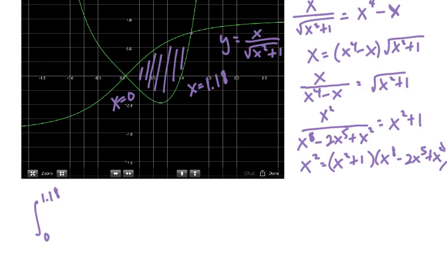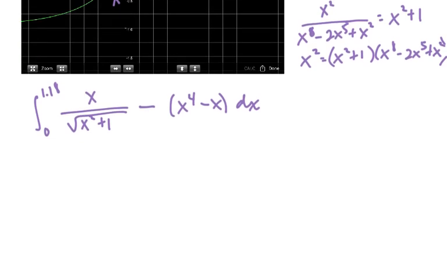So we're going to take the line on top, which is the long line. So we have the top equation is x over the square root of x squared plus 1. And we're going to subtract the other equation, x to the fourth minus x, dx.